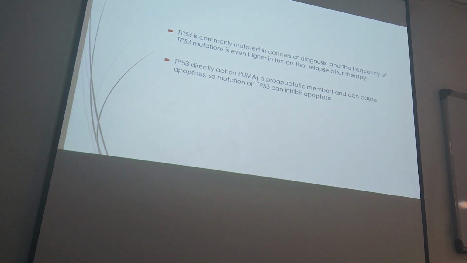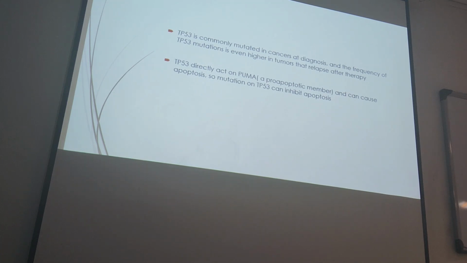For example, p53 is one of the factors that we can find by IHC, or immunohistochemistry, in pathology. And in tumors that have a higher grade and bad behavior, this mutation is very high, and we can find them by the staining way, by immunohistochemistry.